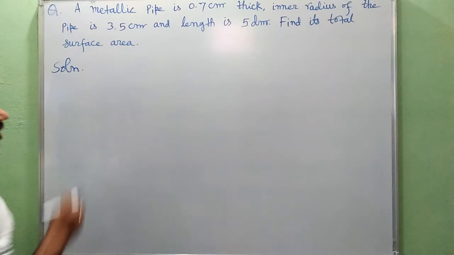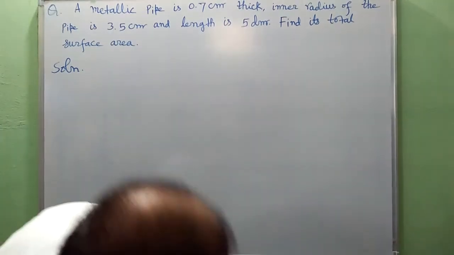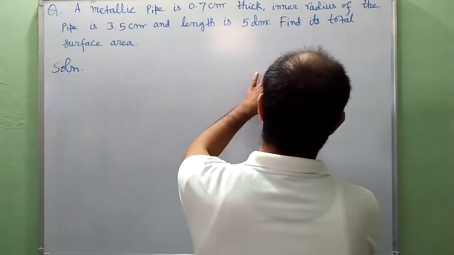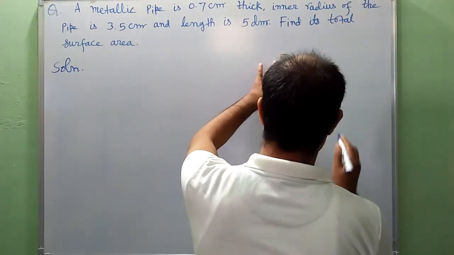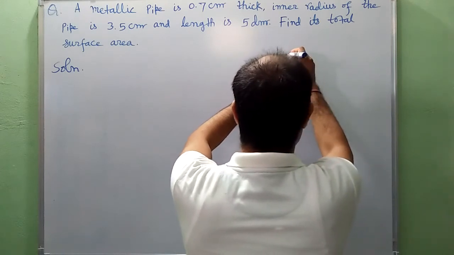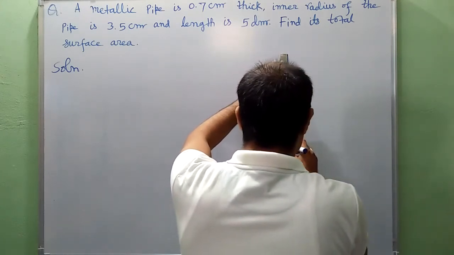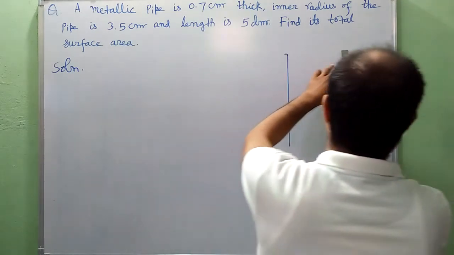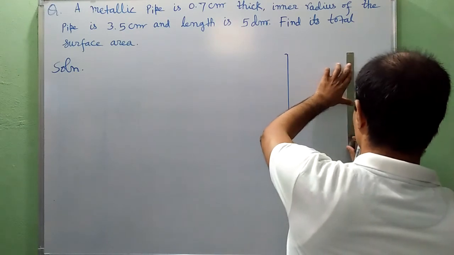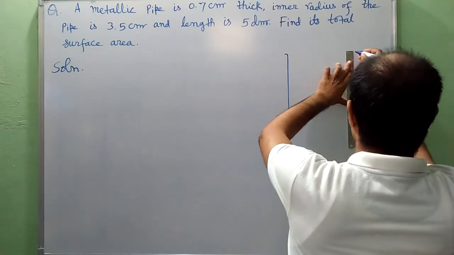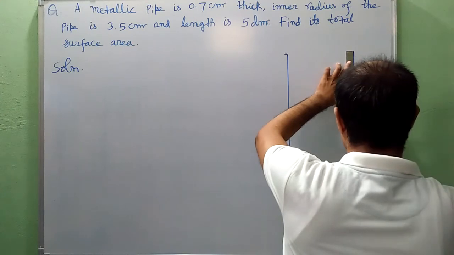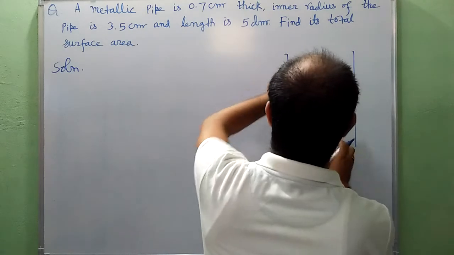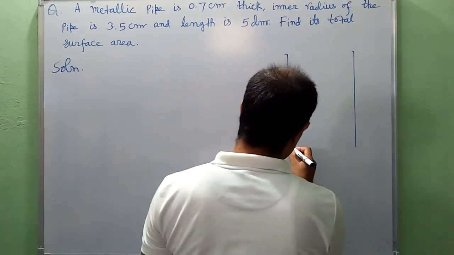First of all, we have to draw its figure, which will be like this. A metallic pipe. As we know, pipe will be in the form of a cylinder. We can form it like this. This is base.